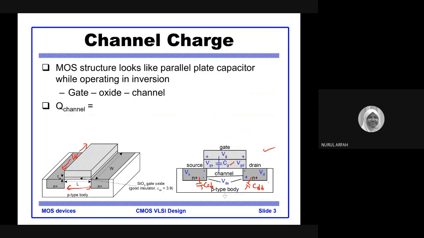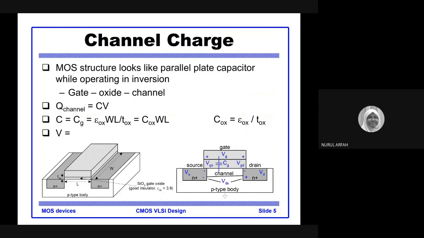Okay, so for the MOS structure, we have the gate, then the oxide layer, and then the channel. We know that charge is equal to capacitance times voltage, from our previous theory.